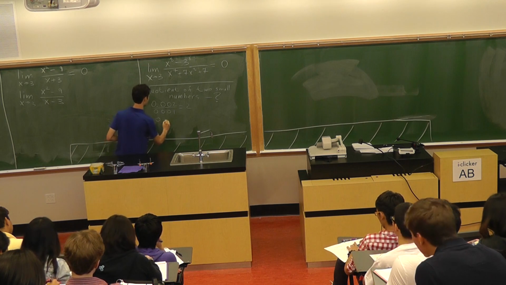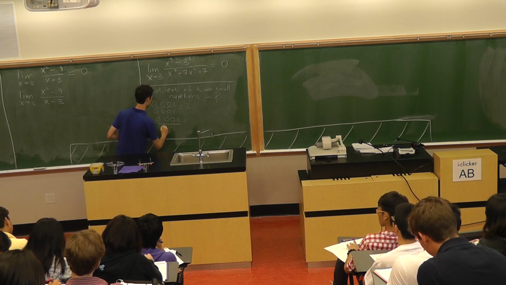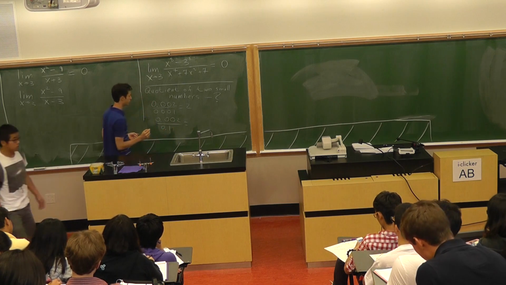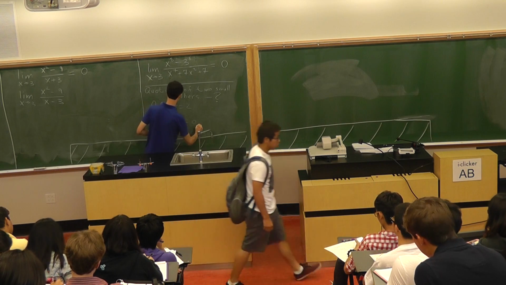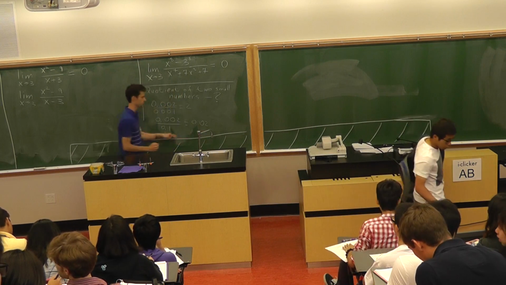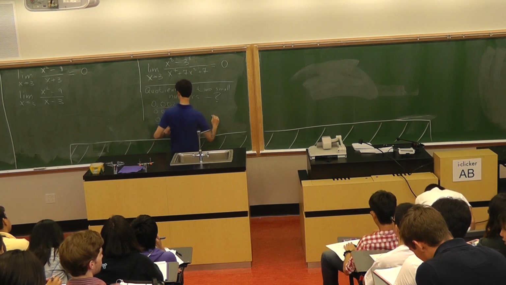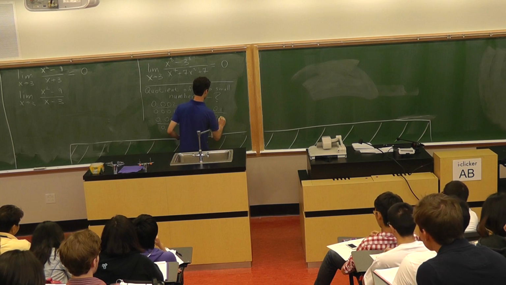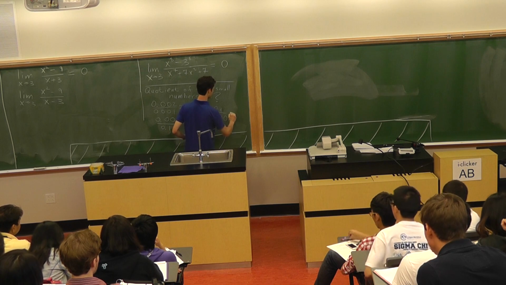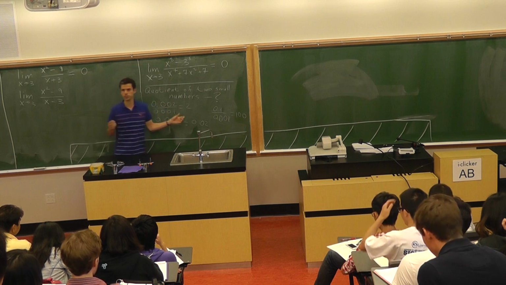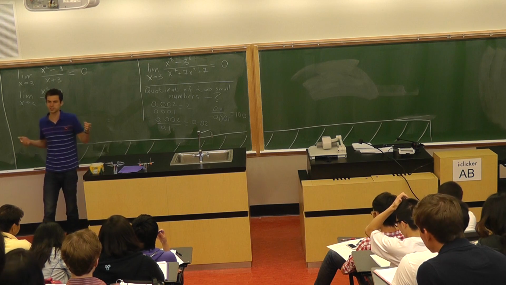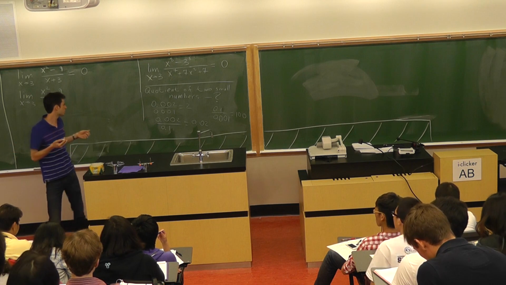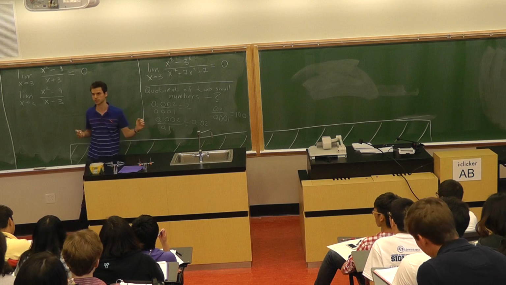For example, 0.02 divided by 0.1 will be 0.2, quite a small number. Or if you take the opposite way, 0.1 divided by 0.001, you'll get 100. So you see that you can take small numbers, divide them by each other, and get drastically different results.